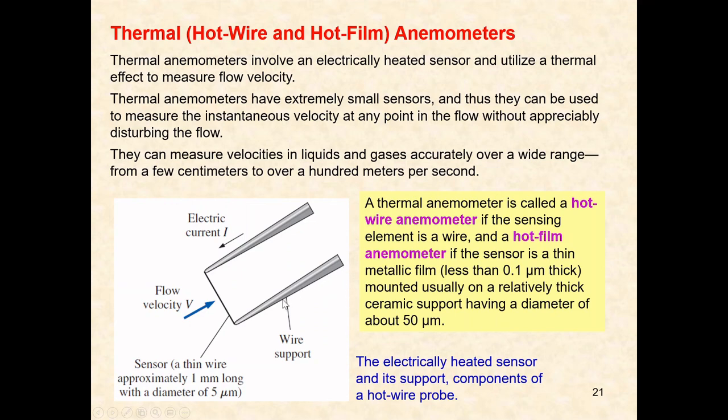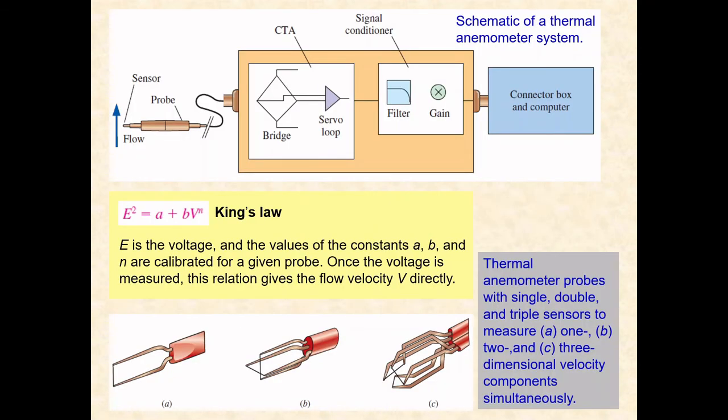These are the components of the hot wire probe. The interesting thing about this technology is that it can measure one-dimensional, two-dimensional, and even up to three-dimensional velocity components simultaneously. So that's a very interesting technology.